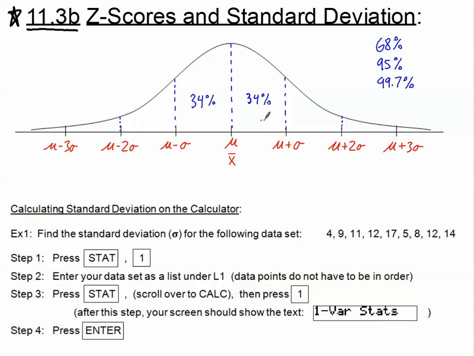Within two standard deviations, that's where 95% of the data is, which is an additional 27%. So cut evenly would be 13.5% and 13.5%. Within three standard deviations, either 3 above the mean or 3 below the mean, that's where 99.7% of our data will be, basically all of our data.